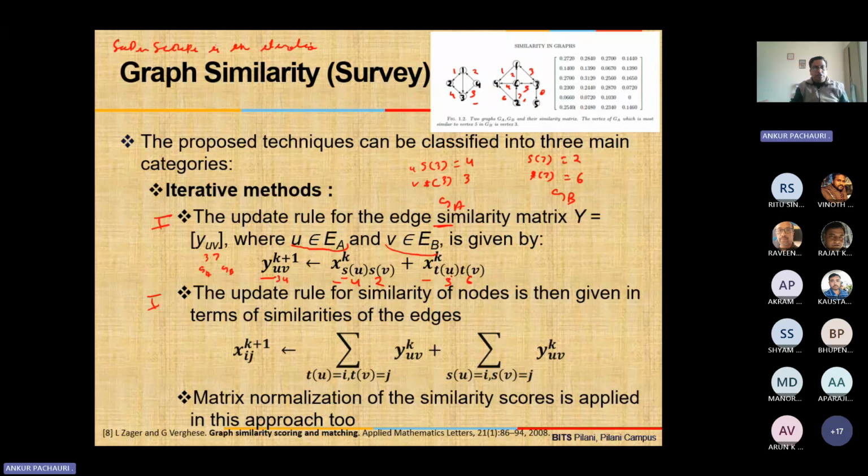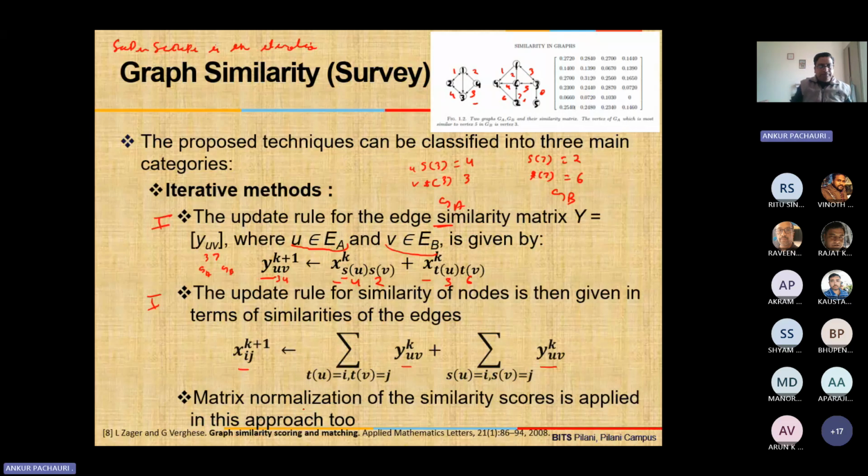So based on the node similarity, the edge similarity value is updated, and based on the edge similarity matrix, the node similarity matrix is updated. I'm updating this at every iteration.